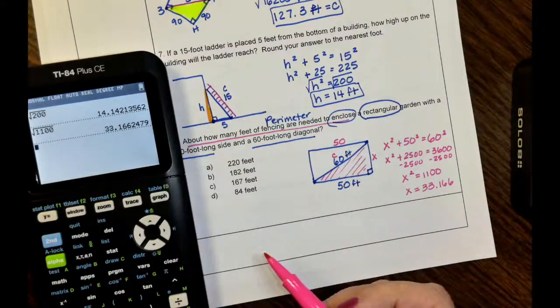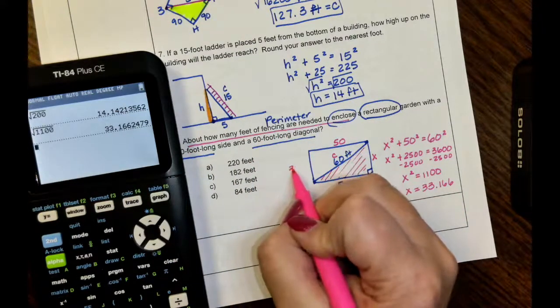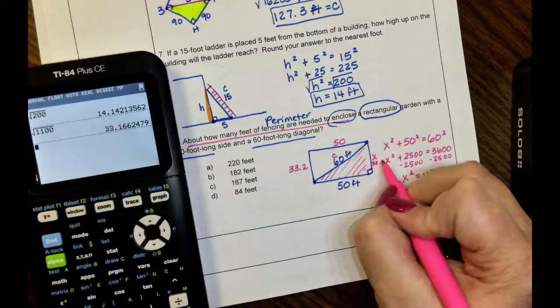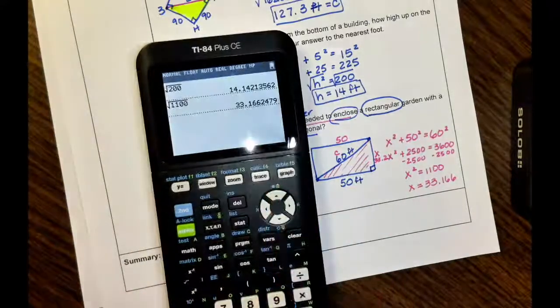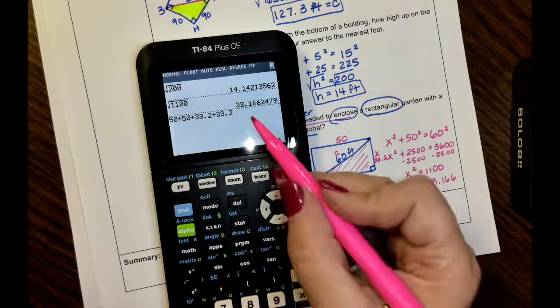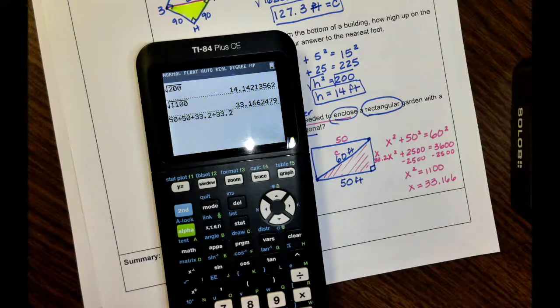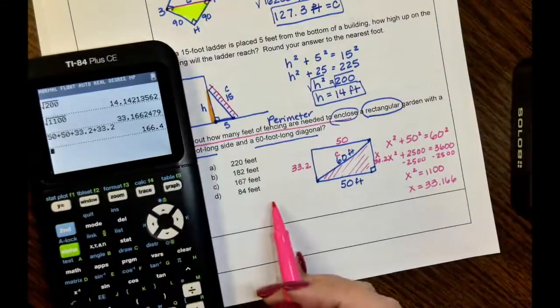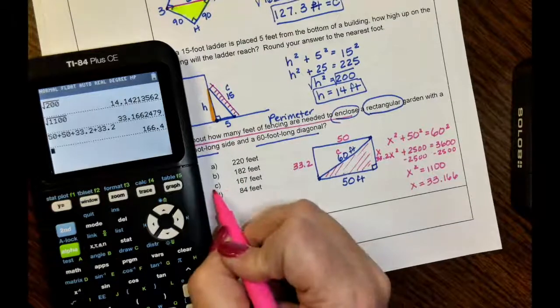That means that this is 33.2 feet and this is 33.2 feet. So I'm going to take 50 plus 50 plus 33.2 plus 33.2, and you get 166.4. So the closest that we have is 167 feet all the way around.